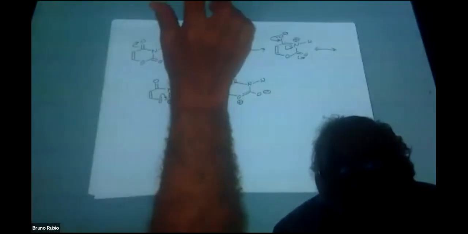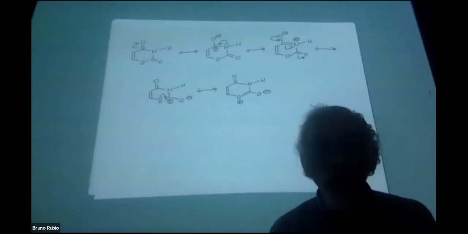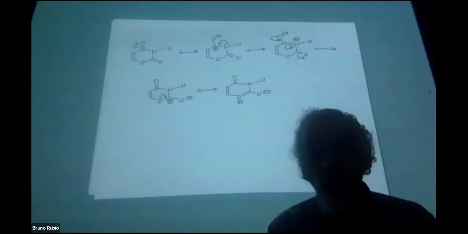You know, one of the tips and one of the tricks that I can share with you about writing resonance structures is that there is no order of writing resonance structures. You can revisit any previous resonance structure and draw a new resonance structure therefrom.